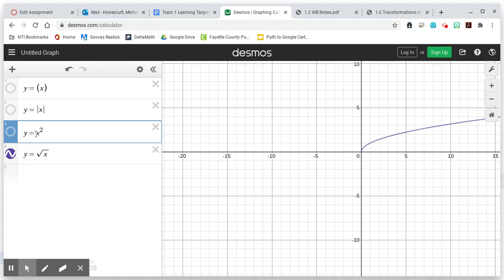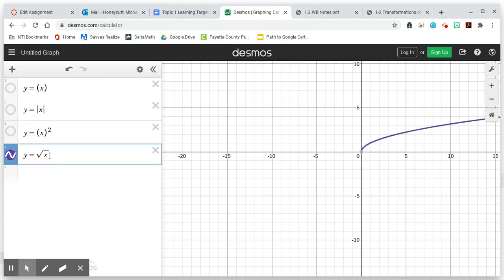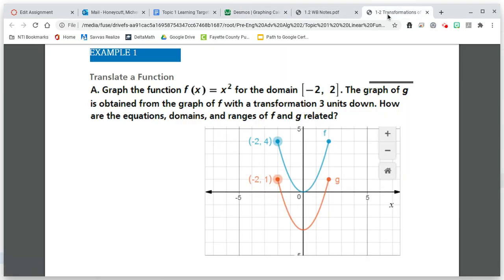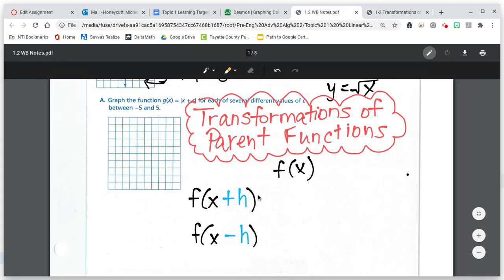And I'm going to insert parentheses around the x, but before the square. So I've got all my grouping symbols here. Okay, so I want to see what happens if I add or subtract a number inside of the grouping symbol. And actually, let's just see what happens if I add a number inside the grouping symbol.